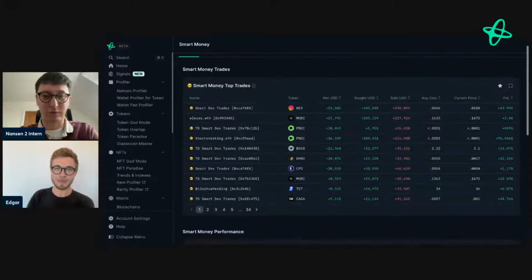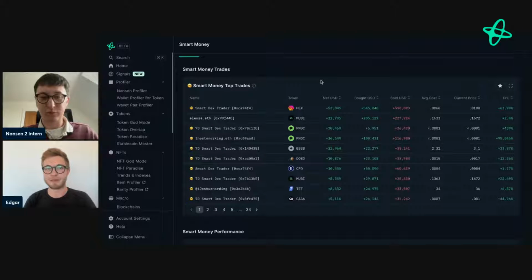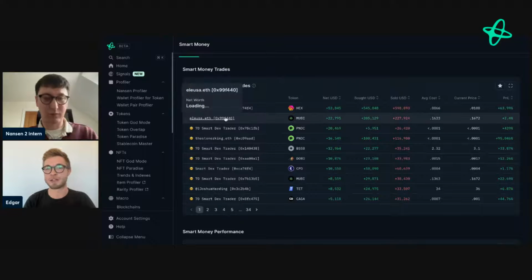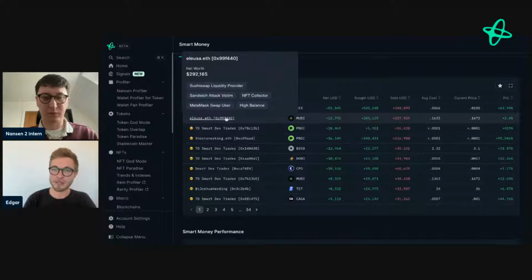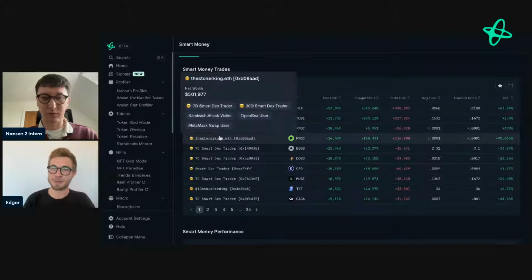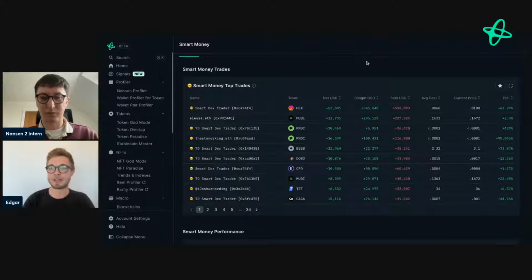Yeah, sure. So we have the smart money top traders, which are various wallet addresses that have bought a token at some time. And so we're summarizing how much they bought, how much they've sold, what's their average purchase price and cost, and then what is the P&L that they've made from it.